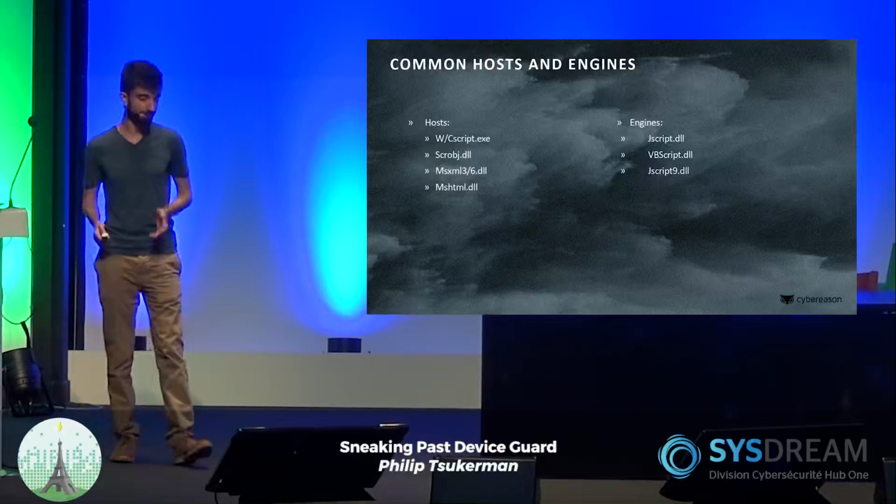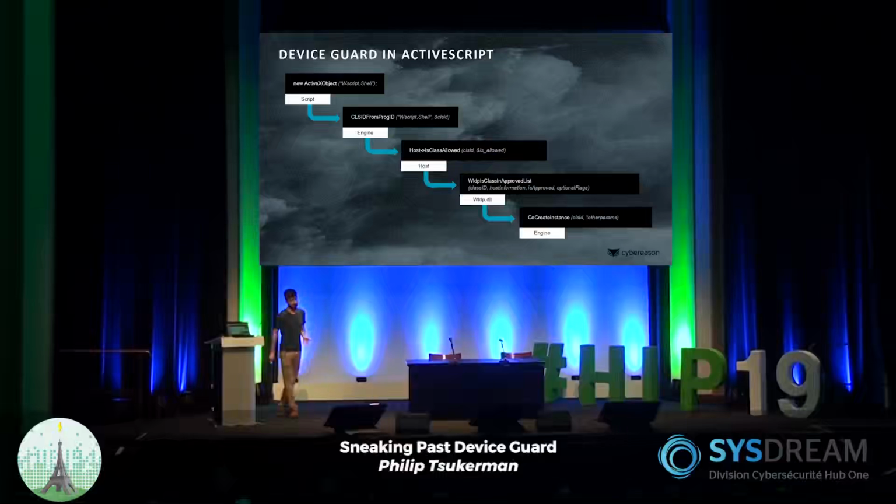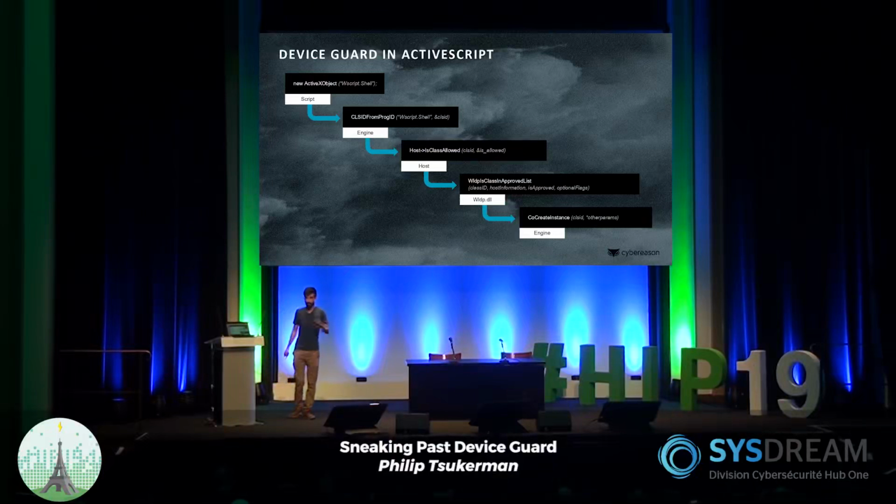All right, so let's have a little look at how Device Guard is implemented in active scripting engines. And as I said before, what Device Guard does for ActiveScript is if your script is not allowed by the policy, you will only be able to create a very small set of predefined COM objects. So let's say you want to create WScript.Shell, which is actually prohibited for a non-compliant script.